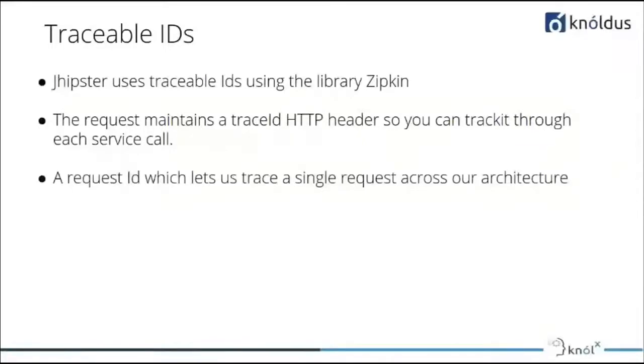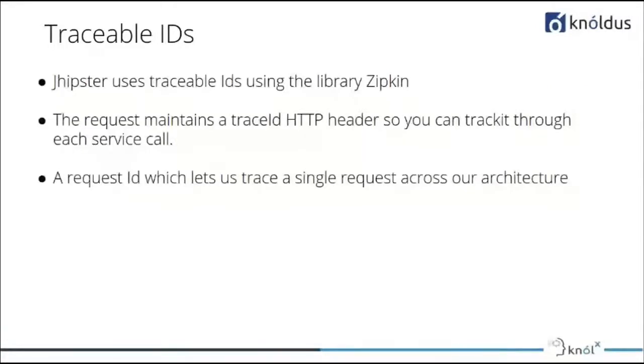For example, we have a scenario where we send a request to service A, then service A, to send a final response to the end user, calls service B, and then service B calls service C. To track down the whole path of the request, the traceable ID is very useful.